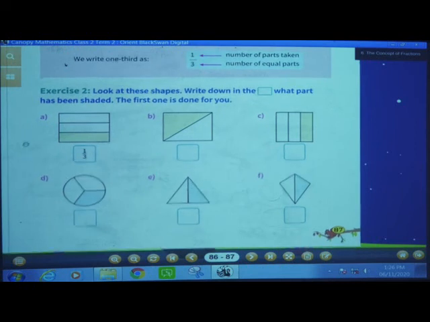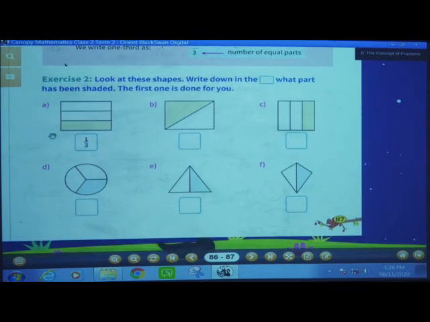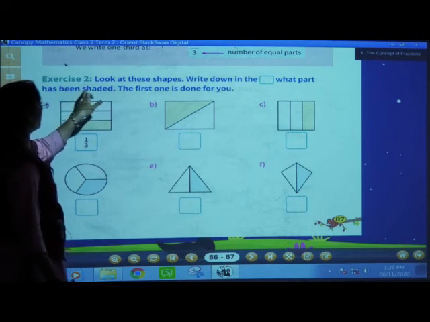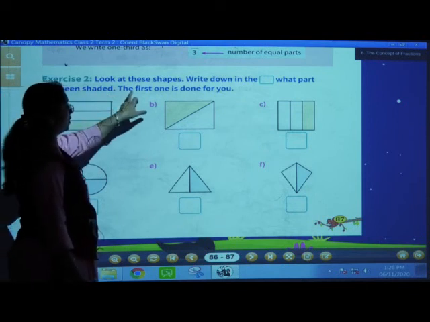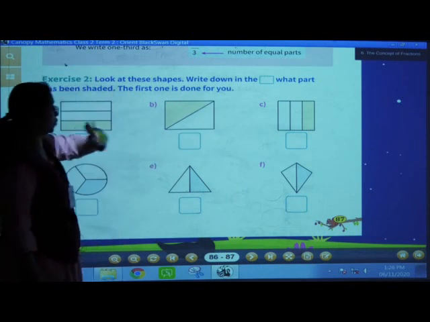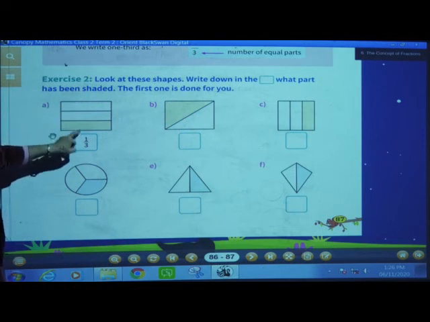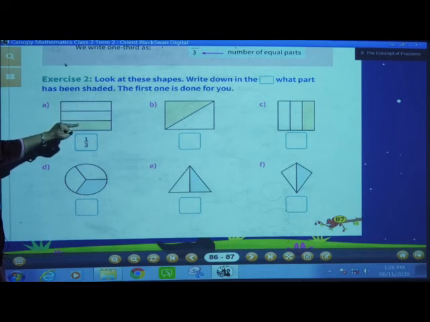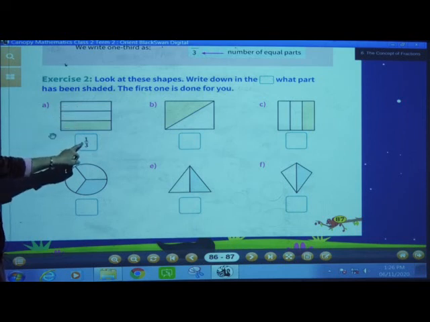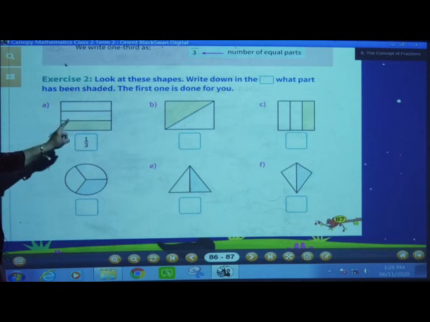Now exercise number 2, look at these shapes. Write down in the box what part has been shaded. The first one is done for you. First tell me how many total equal parts? 1, 2, 3. So we have to write 3 downside and shaded part 1. So 1 we have to write upside.